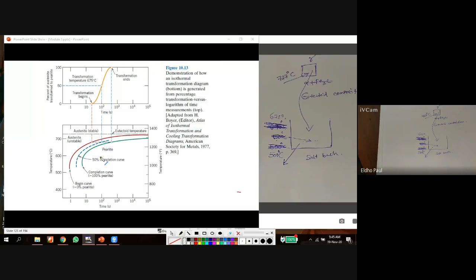That is the reason for fine pearlite. So from 550 to 723 we got pearlite. Austenite is converted to pearlite. Any doubt?